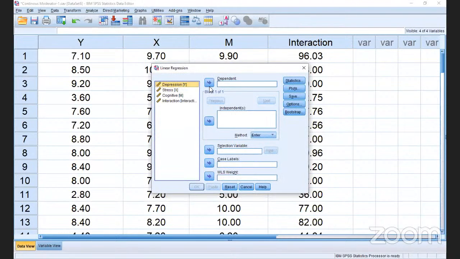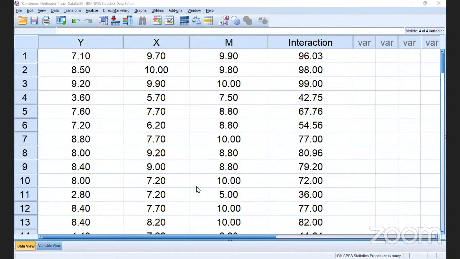So depression as the dependent variable, stress as an independent variable, cognitive as an independent variable, and interaction as an independent variable, and then okay. After okay we can see the impact.